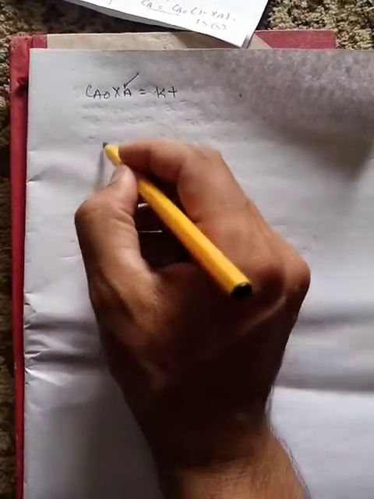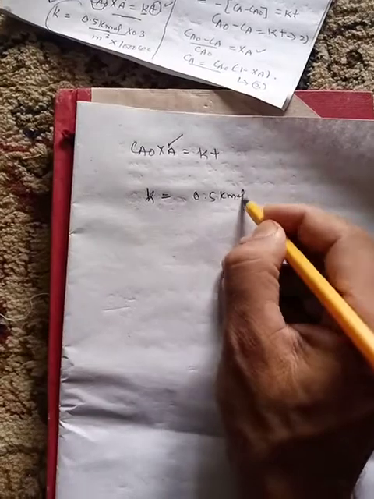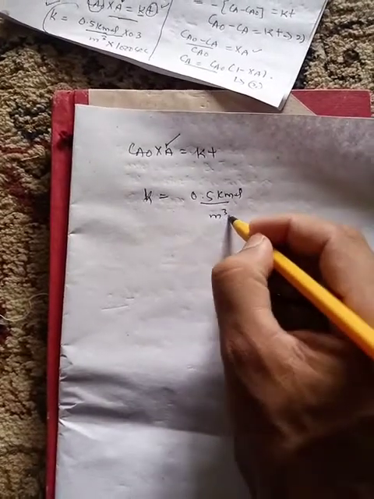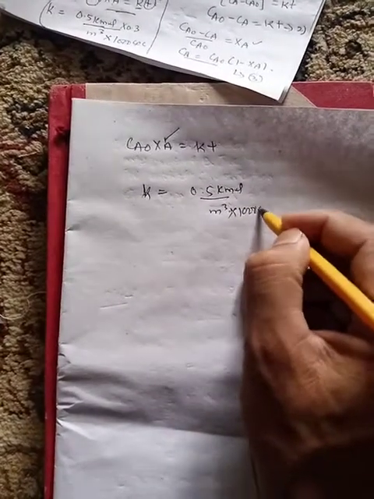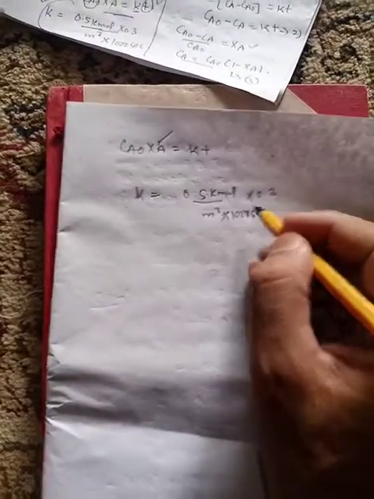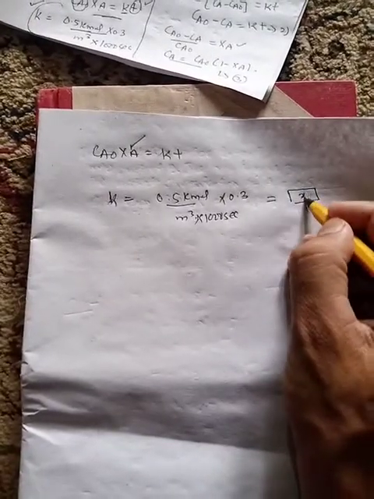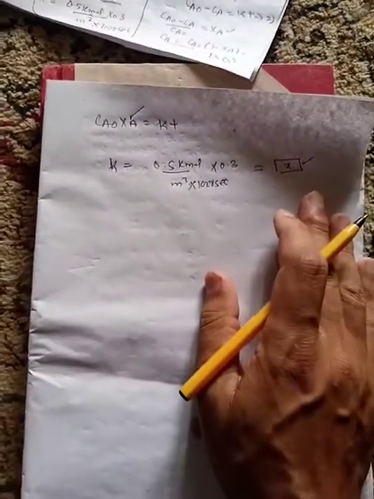K is equal to 0.5 kilomole per cubic meter multiplied by 0.3, divided by 1000 seconds. Suppose its value obtained is X.